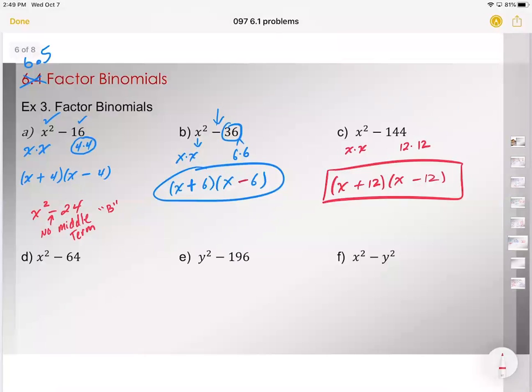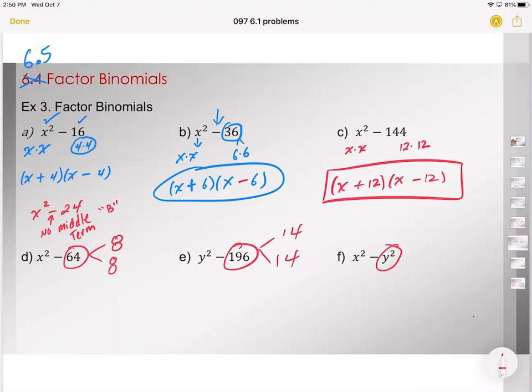And all of these binomials, ladies and gentlemen, are identical. This is a perfect square. This is a perfect square. And this, believe it or not, is a perfect square too. What is this perfect square? Hopefully you say 8 and 8. This here, if you forgot, 14 times 14.